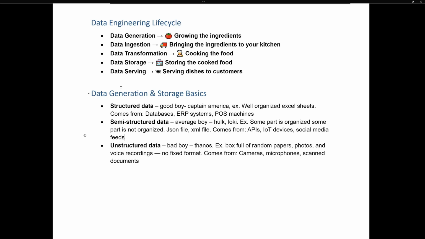Then next is data transformation, means you want to transform the tomato, so cook the tomato in your kitchen. Now next is storage. How will you store it? Store the tomato vegetable in a pan or something so that you can serve it. So last is data serving. Finally we will serve the tomato to our customers. So that's how you can remember the data engineering life cycle.